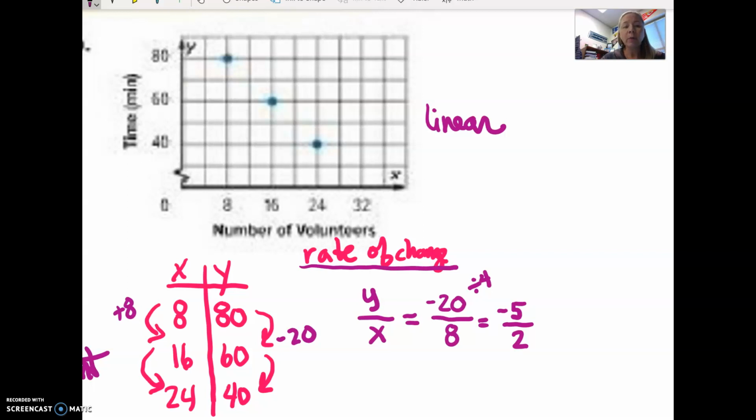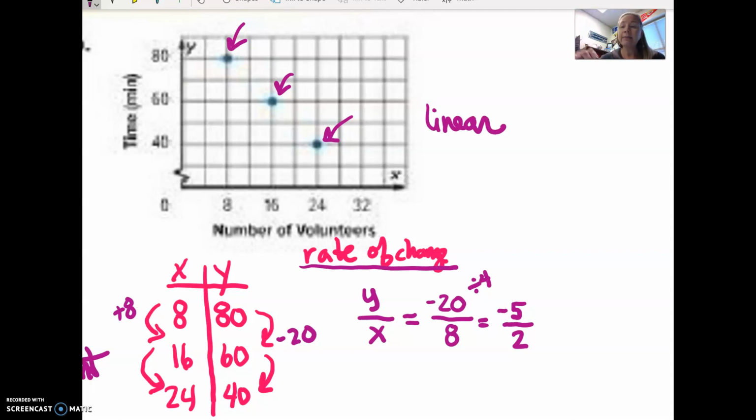So for example, this point right here, we would go over 8 and then up to 80. So I have (8, 80). Then the next point is located at over 16 and up 60. And then the third point is located at (24, 40). So I wrote those here in my XY chart.